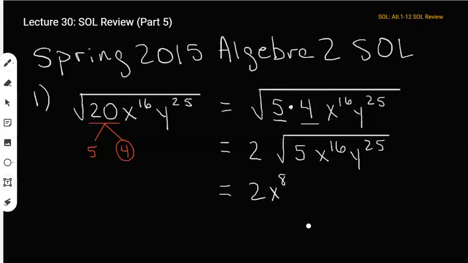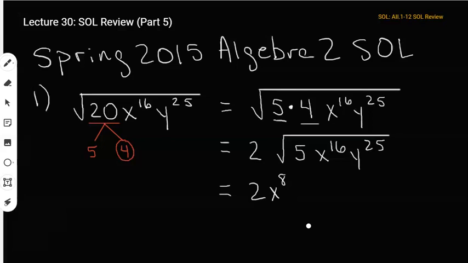So now let's do the y's. How many groups of y's can I take out? What's 25 divided by 2? What would that be? 25 divided by 2. How many 2's can I take out without going over?